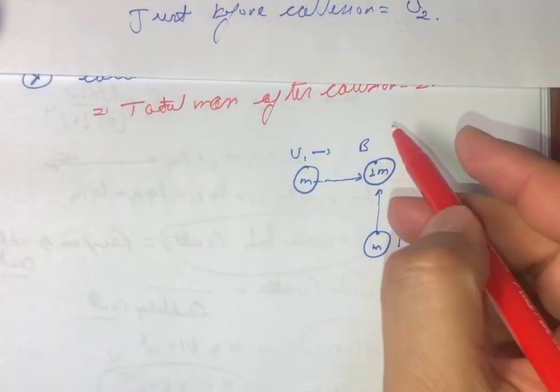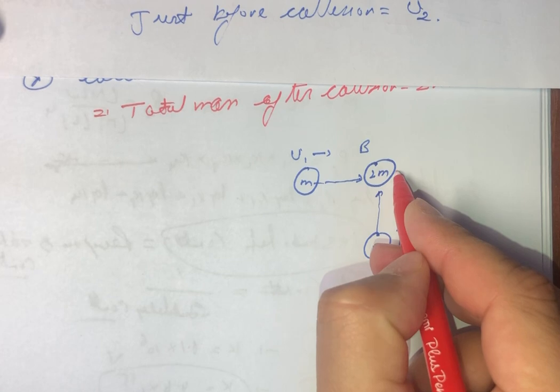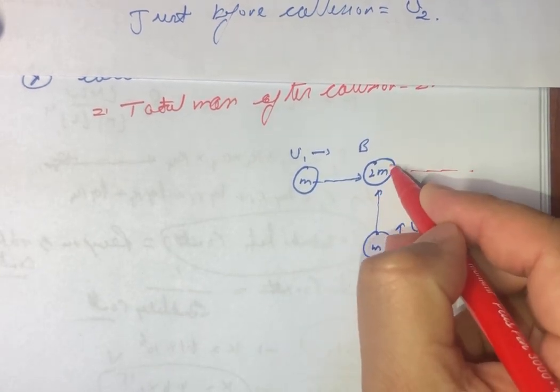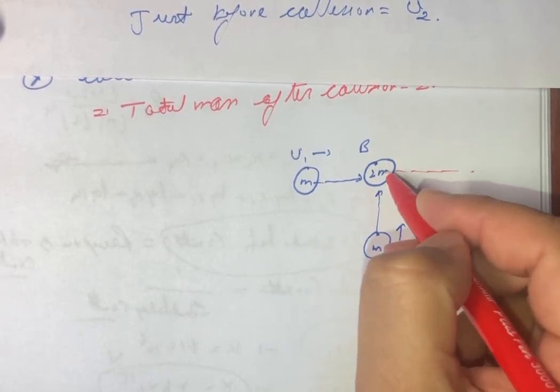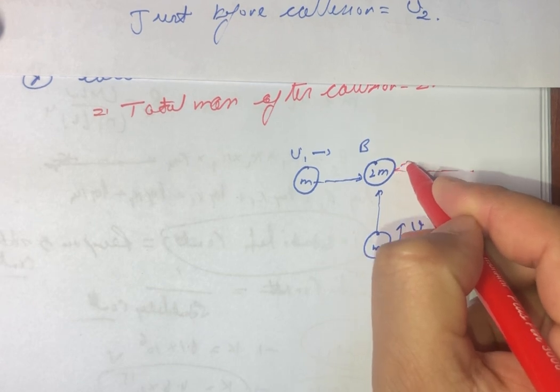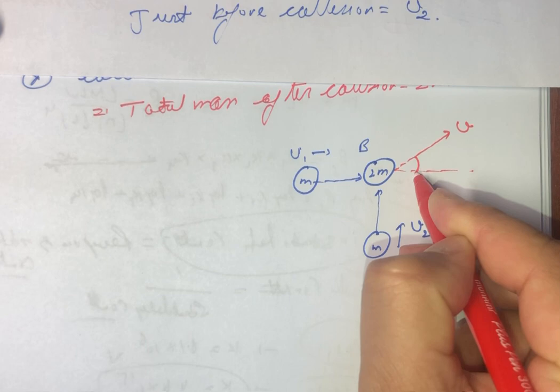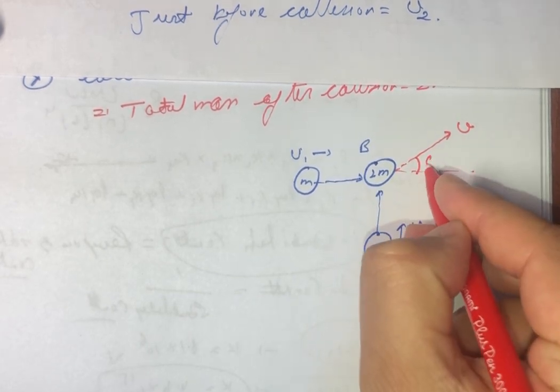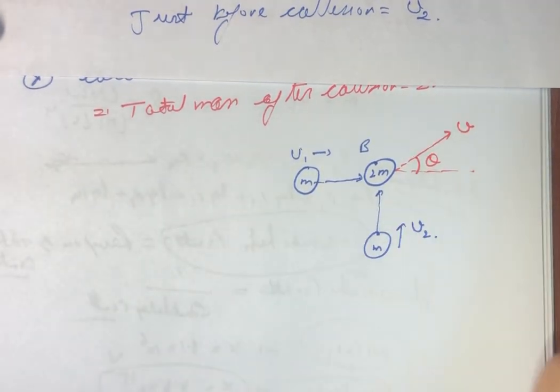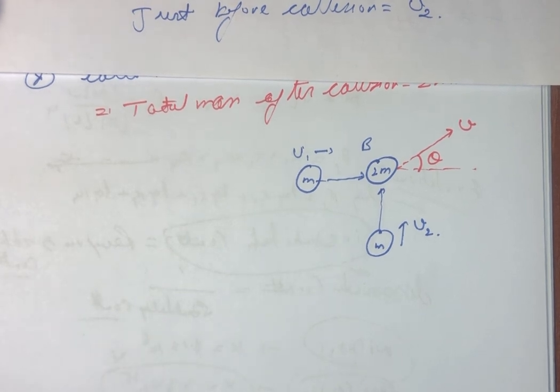And we say, let us suppose this is our horizontal, and this composite system makes and travels in this direction with the velocity of v, making an angle of theta with the horizontal. Okay.